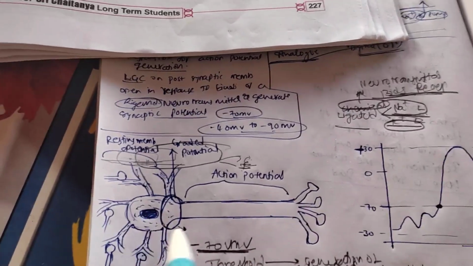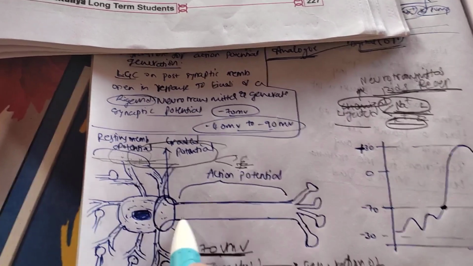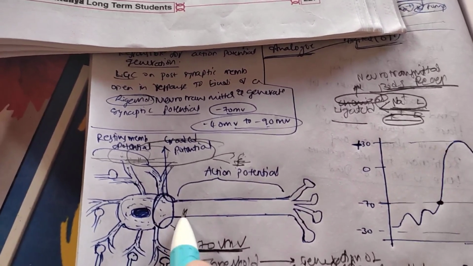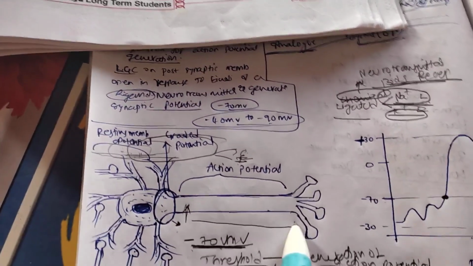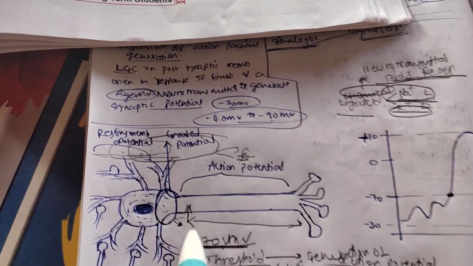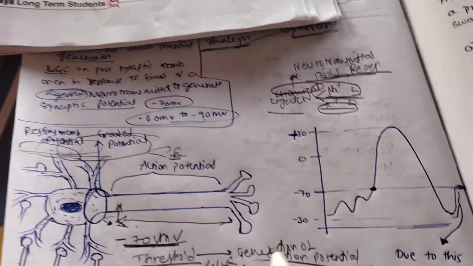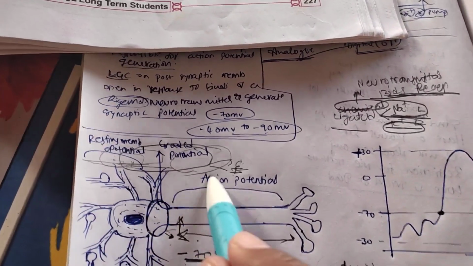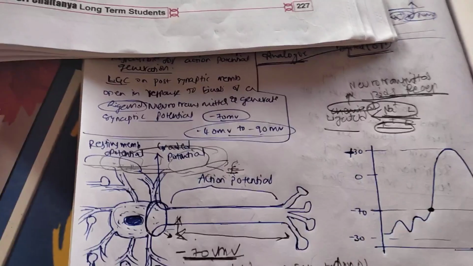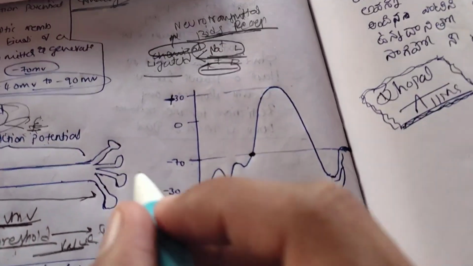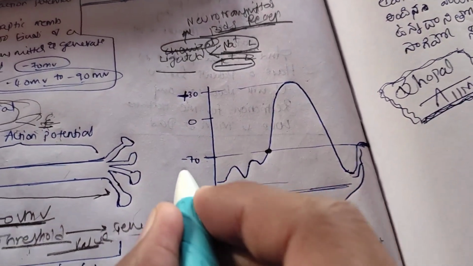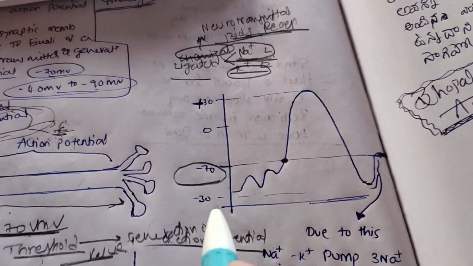Once the action potential starts to generate, it will travel along this entire distance. And when we come to this diagram, one more thing: graded potential means it will be either excitatory or inhibitory. Here we can see the threshold value of minus 70.